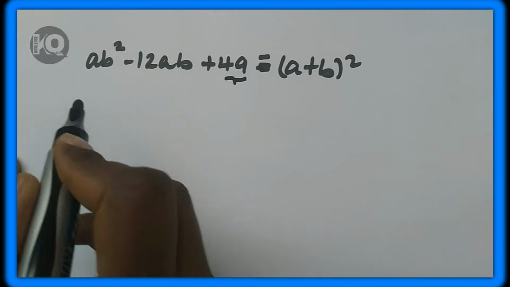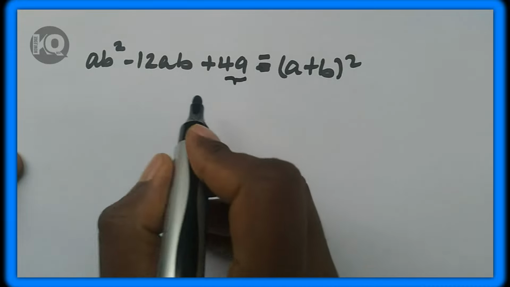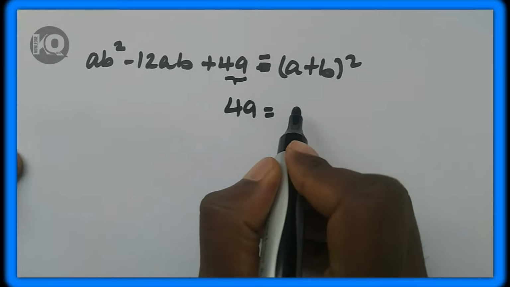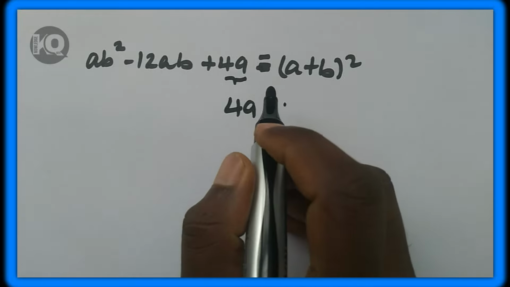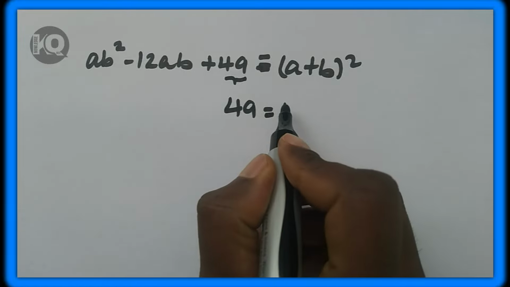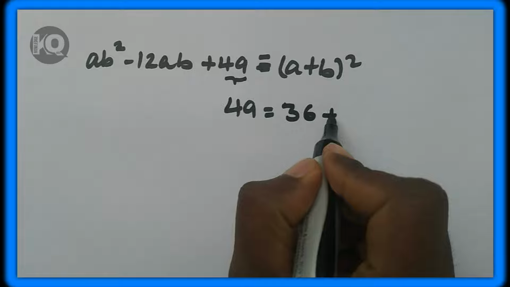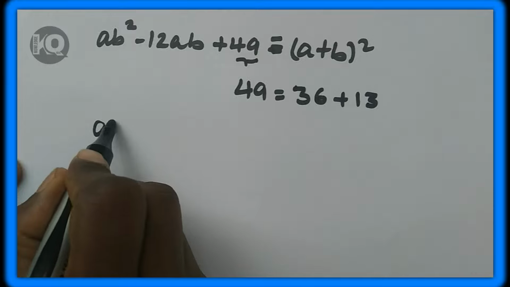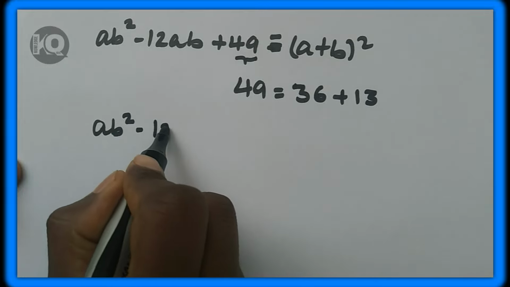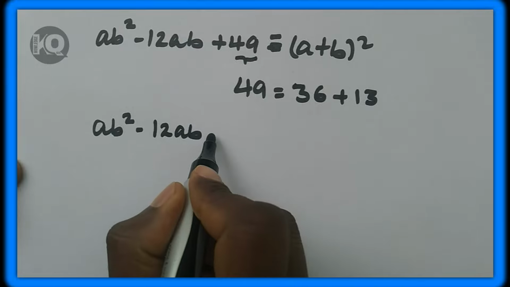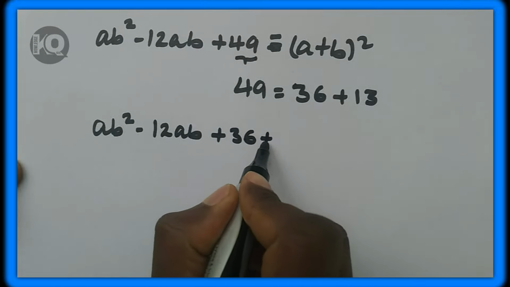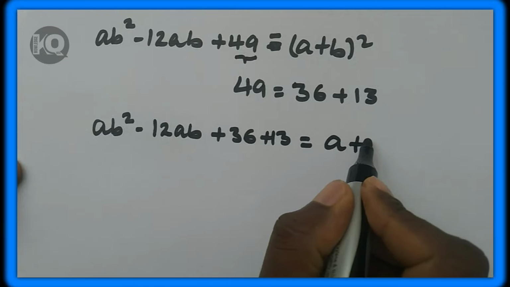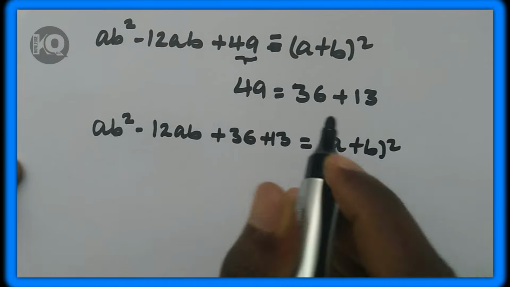So this 49 can be expressed as the sum of a perfect square, that is 36, plus the remaining one, 13. So it will be (ab)² − 12ab + 36 + 13, which is equal to (a + b)².